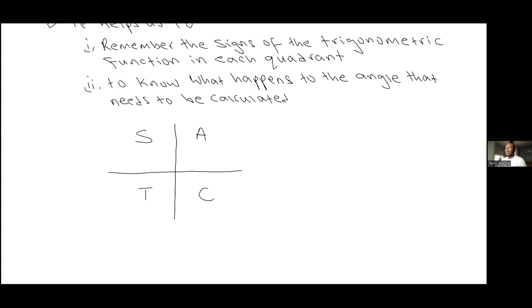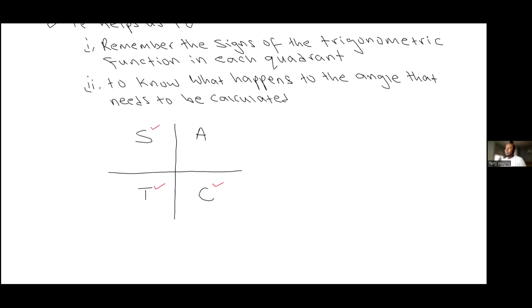It tells us which of the angles here are positive. For C, it means cosine only is positive. For T, it means that the tangent of the angle is positive. And for S, it means that the sine of the angle is positive.